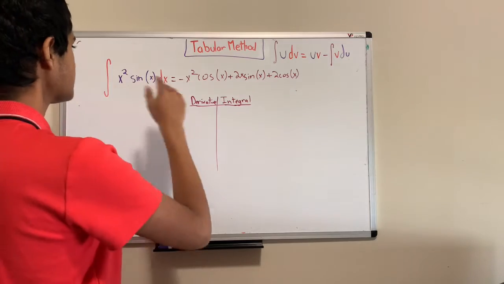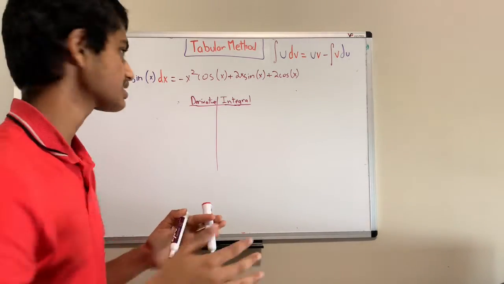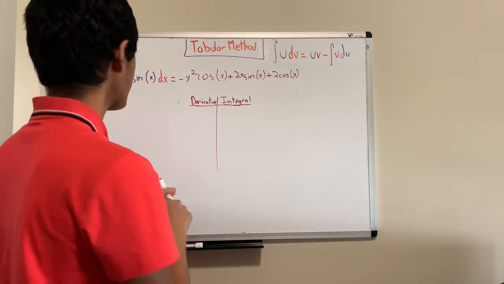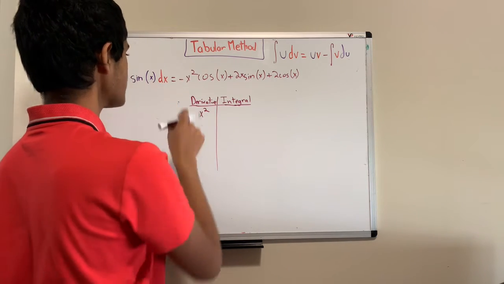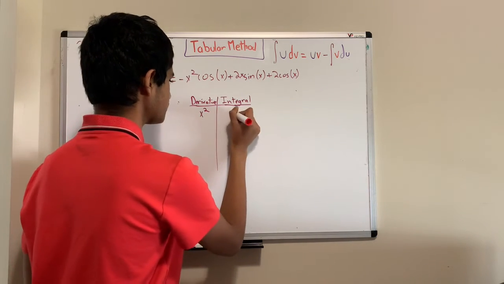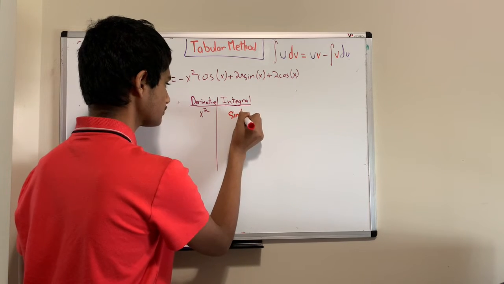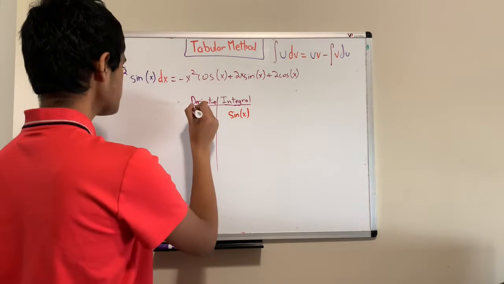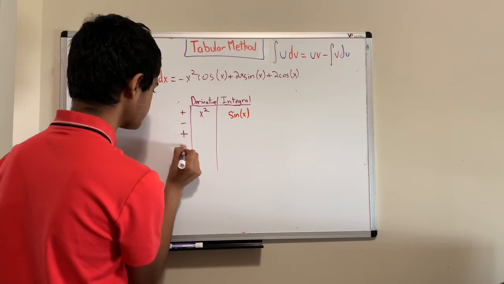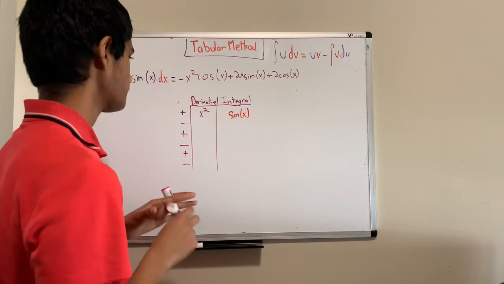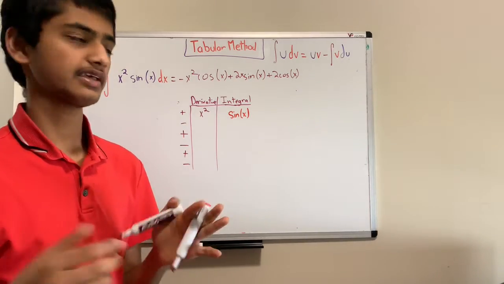So in the previous integration by parts example, we saw that x squared is going to go in the derivative section, and then the sine of x is going to go in the integral section. And here, what you're going to do is draw a separate column and just keep on alternating pluses and minuses. Okay, and we're going to see how that comes into play later.